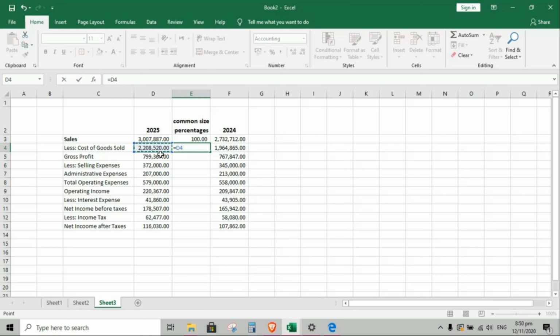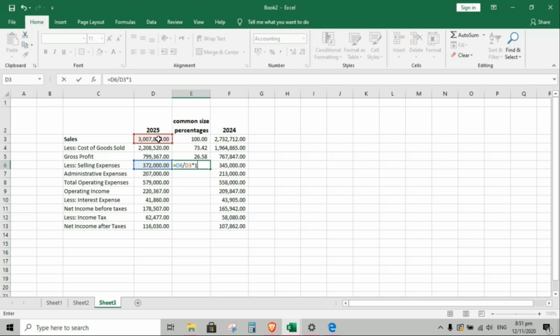Yan, divided by sales times 100. Okay, so that is 73.42. And next is the gross profit. Yan, divided by sales times 100, 26.58. And then next is selling expenses divided by sales.